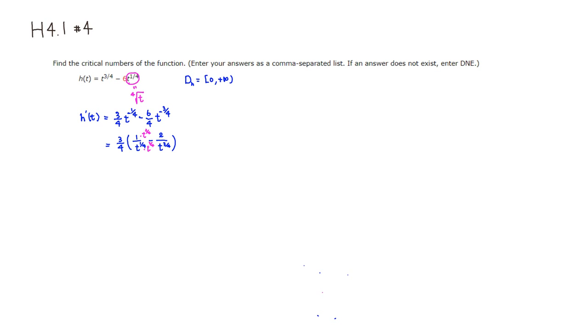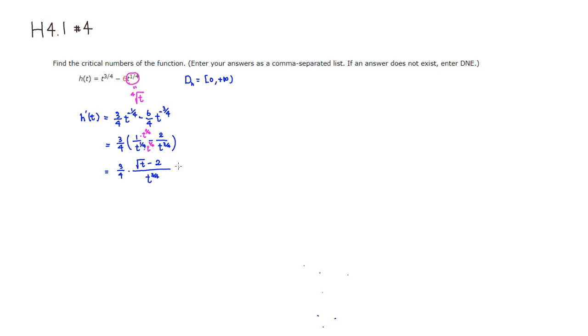That way we're going to have 3/4 in the denominator, t to the 3/4. Then t to the 2/4 is t to the 1/2 power, so it's just the square root of t. And this is going to be -2.